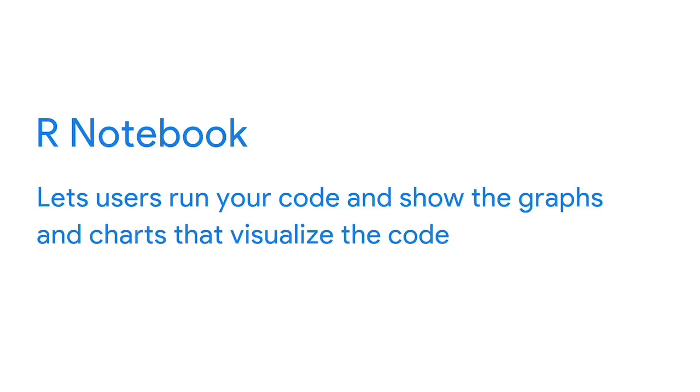Basically, they're simple enough to let you focus on descriptions and explanations of your analysis without having to think too much about how to format them. Besides text, our Markdown also includes an interactive option called an R notebook that lets users run your code and show the graphs and charts that visualize the code. Any R Markdown document can be used as a notebook.